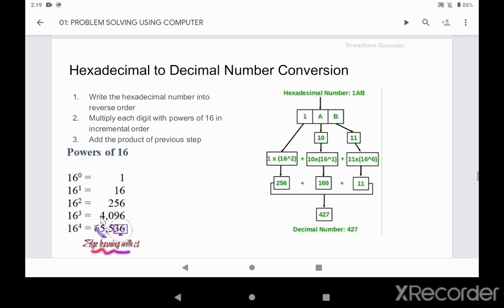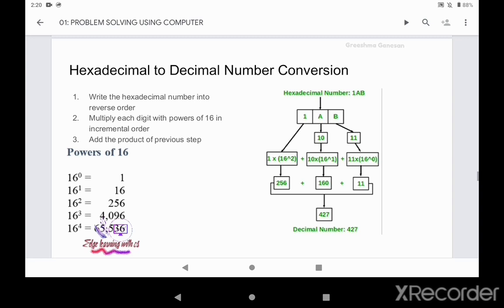In the case of 16 raised to 0, the answer is 1 itself. 16 raised to 1 is 16 itself. 16 raised to 2 is 256.